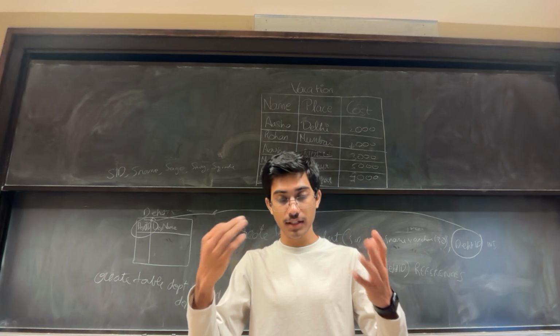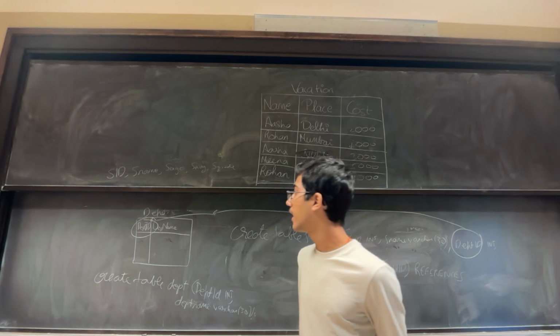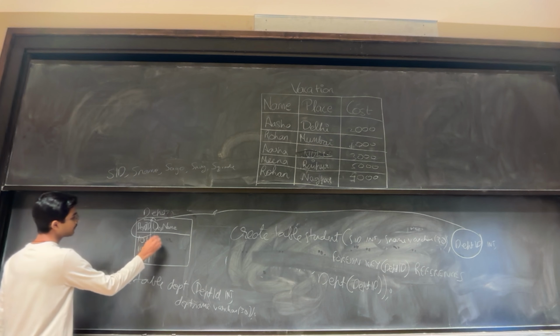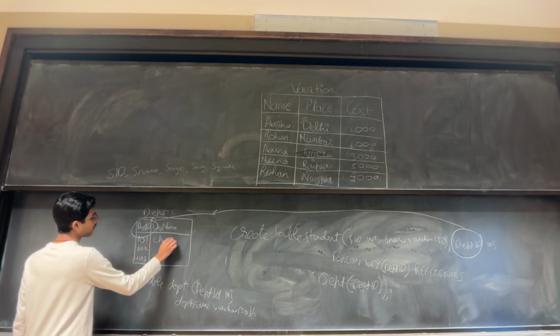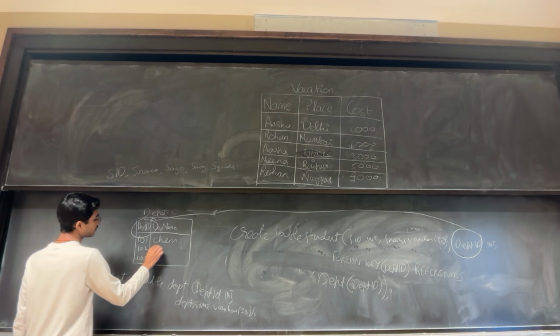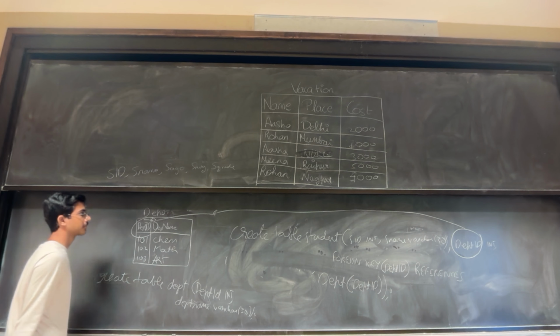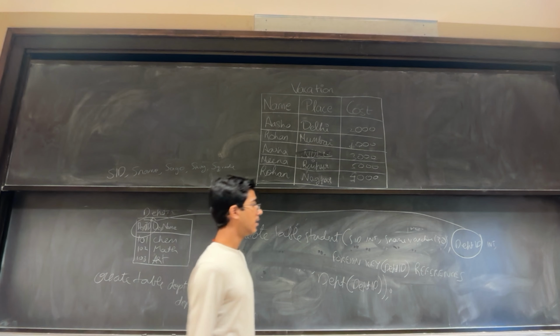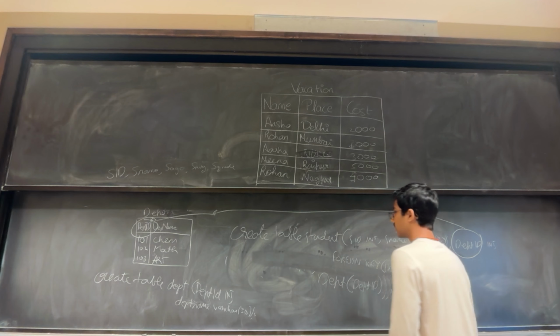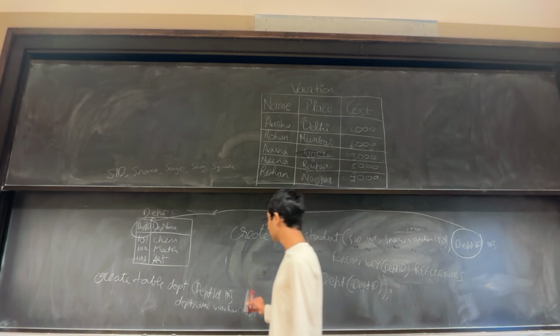Okay, so let's say that I have in my department table, department 101, 102, 103. So let's say department name 101 is chemistry, 102 is math, 103 is art. Alright, and now let's say I'm trying to insert values into my student table.